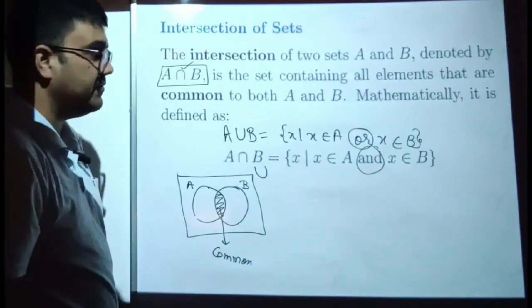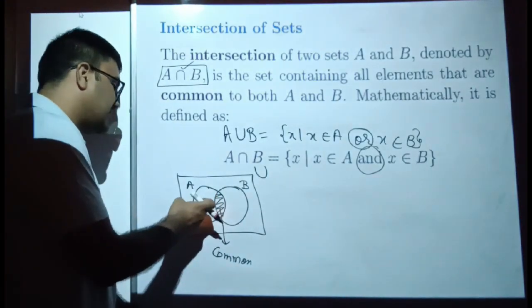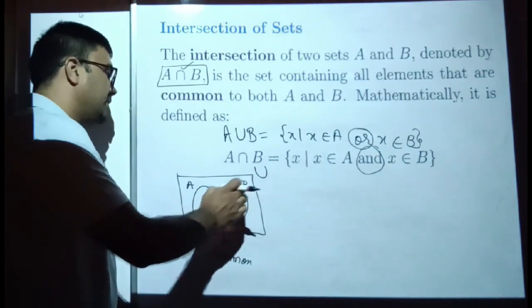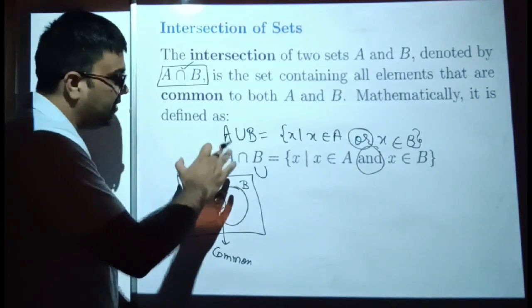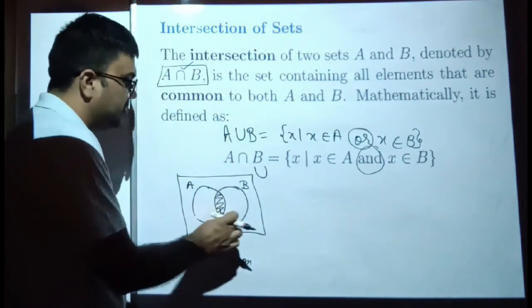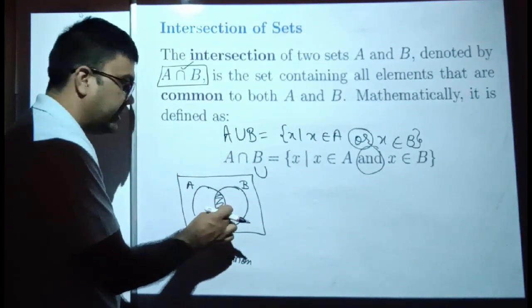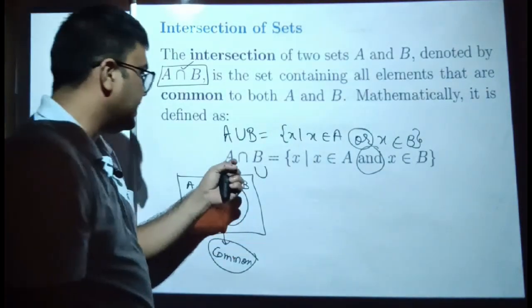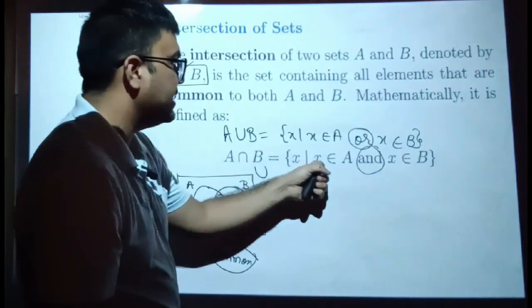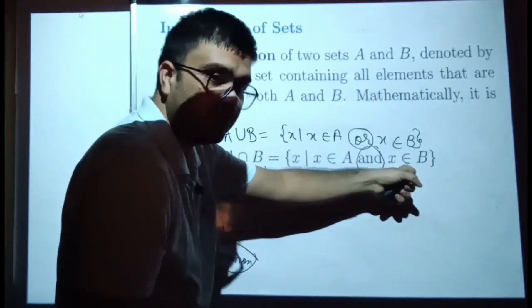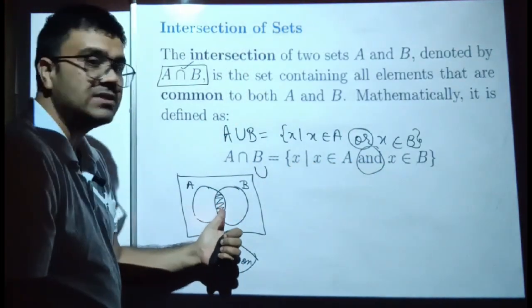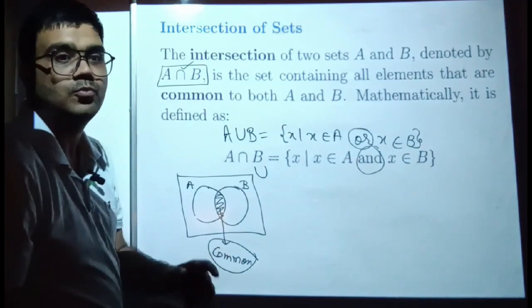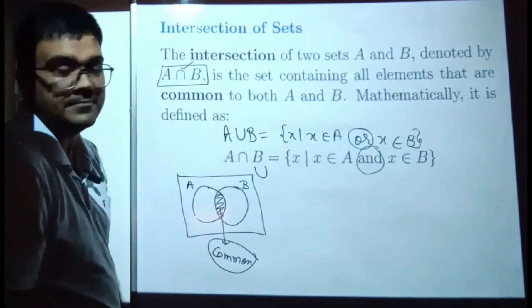When we say or, it means either x belongs to A, x belongs to B, or both. A intersection B means those points that are common to both A and B, so only those elements which belong to both A and B.